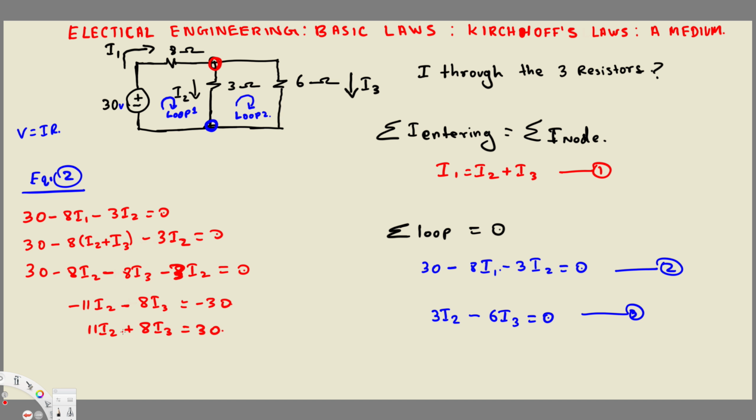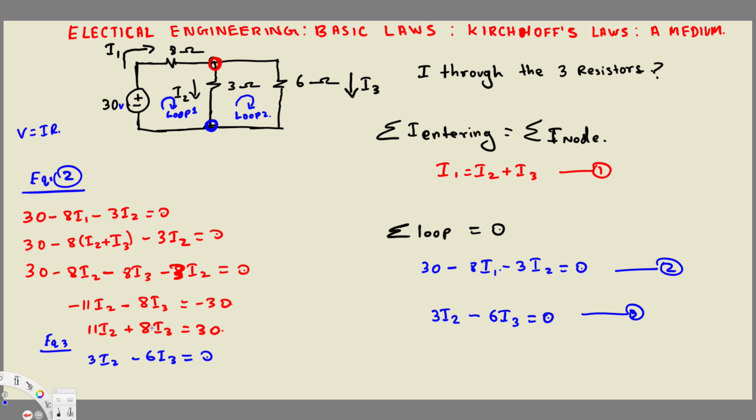The reason I changed it in this pattern is because we have this equation in I2 and I3, so we can do something with this. So let's bring in equation 3, that is 3I2 minus 6I3, right? That's equal to 0. And if you multiply this one by 4, you will get minus 24.